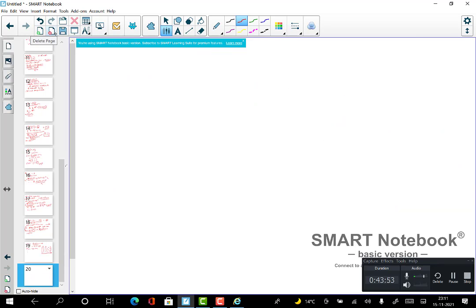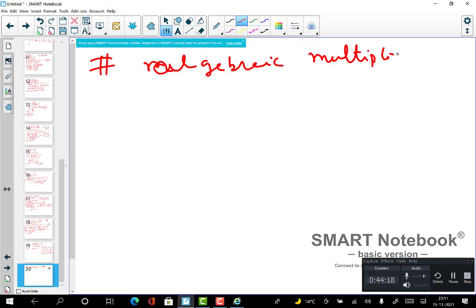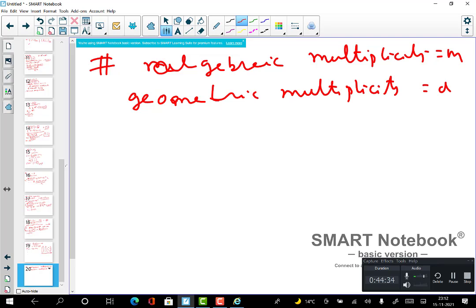Suppose you have an eigenvalue C, and the algebraic multiplicity is say M. So, a general fact: algebraic multiplicity M, and geometric multiplicity is equal to say D, corresponding to some eigenvalue C.